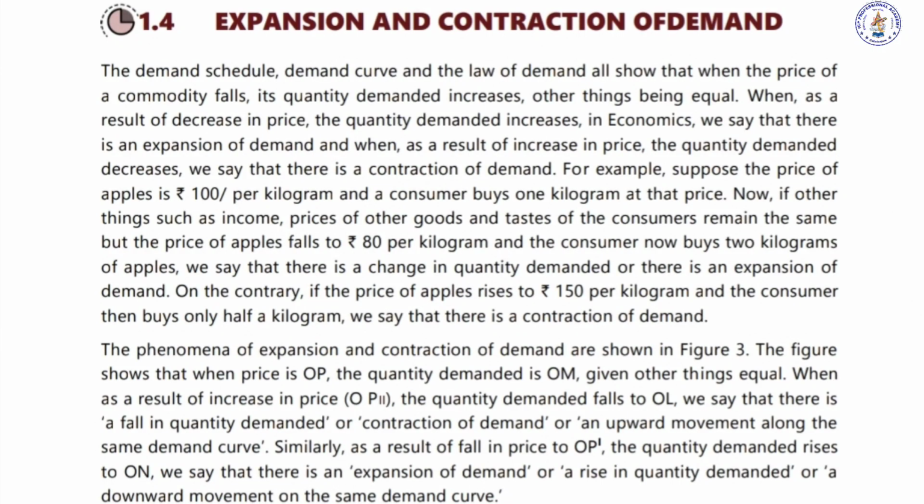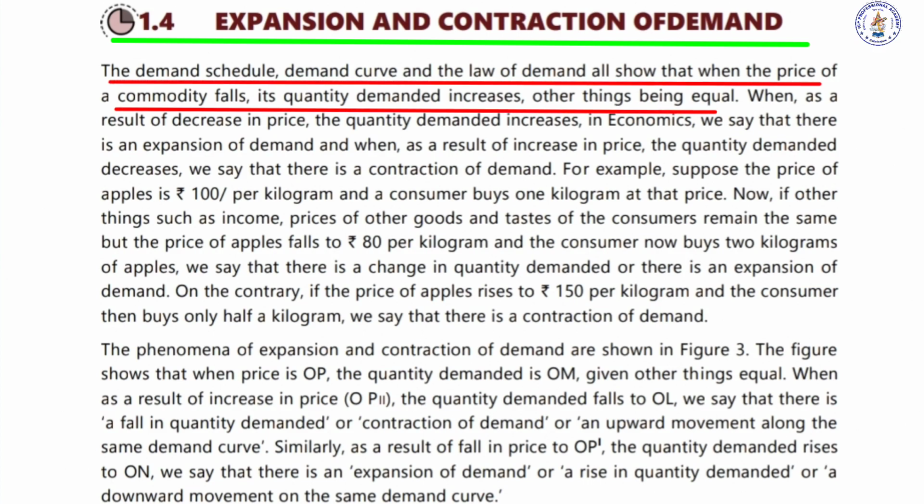Hello friends. Now we are moving on to chapter 1.4, expansion and contraction of demand. We saw demand schedule, demand curve and the law of demand, and we understood that whenever the price of a commodity falls, the quantity demanded by the consumer increases, other things being the same.